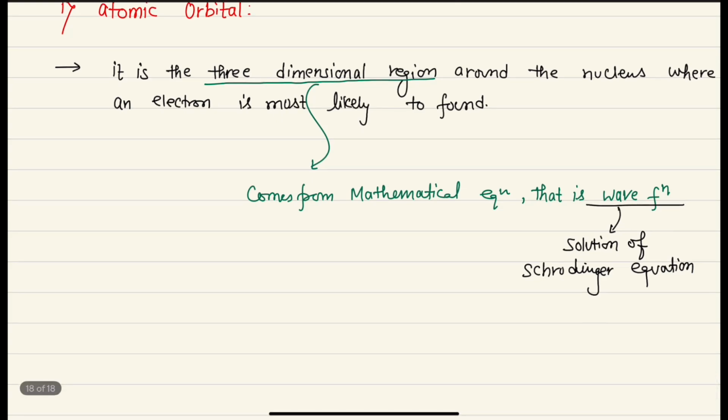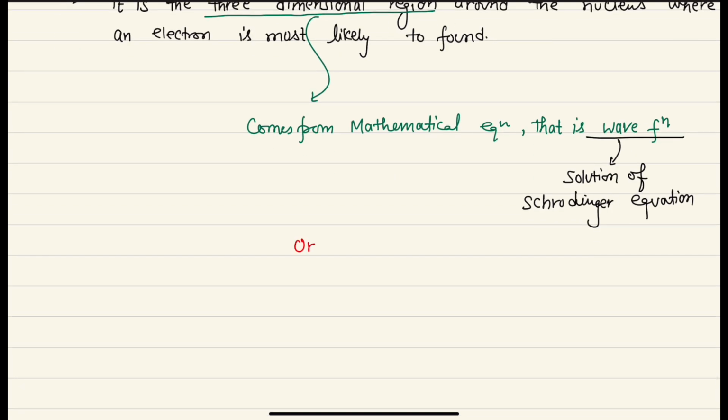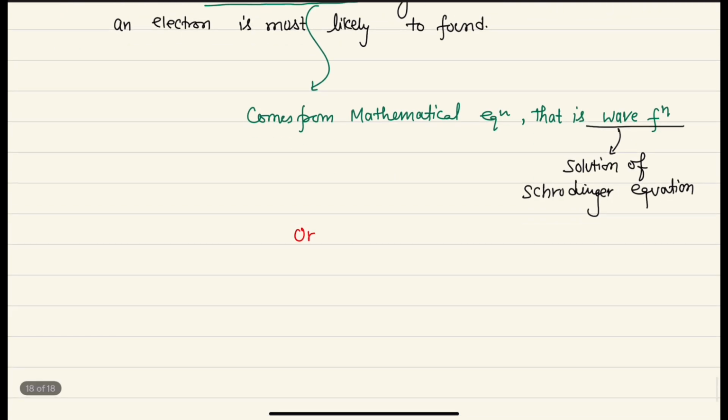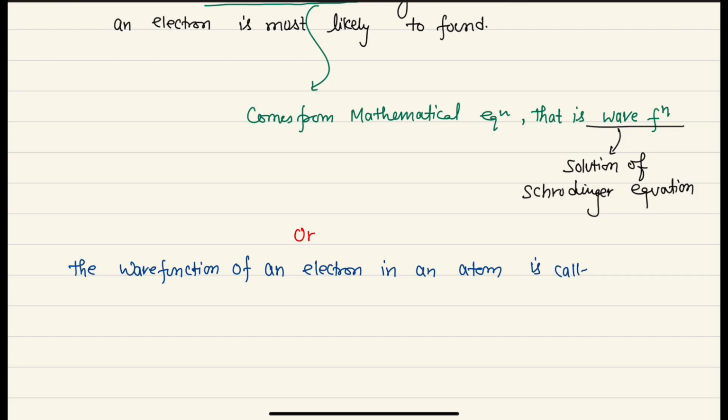Write it here: the wave function of an electron in an atom is called atomic orbital.